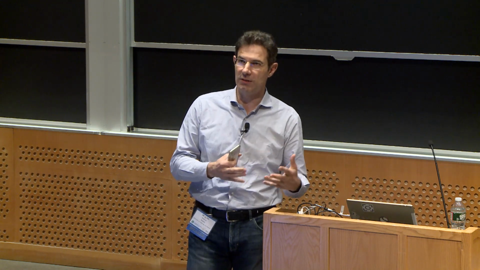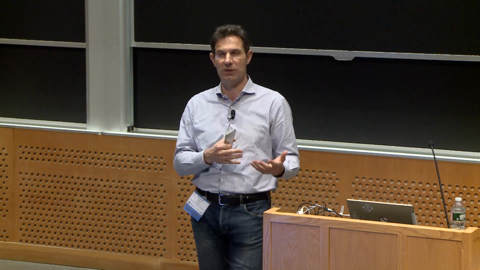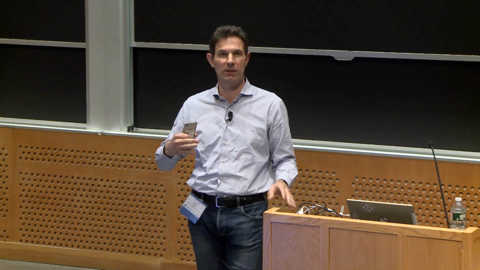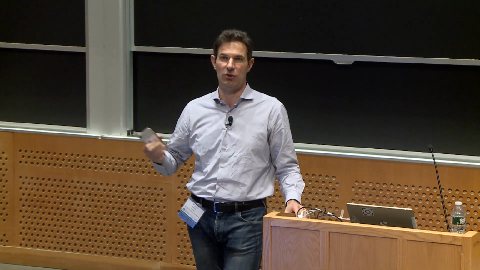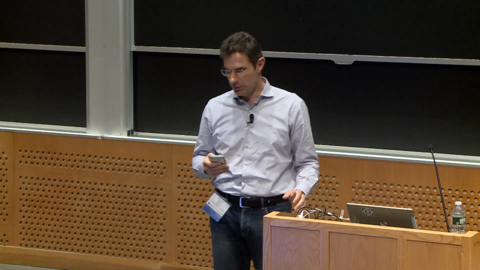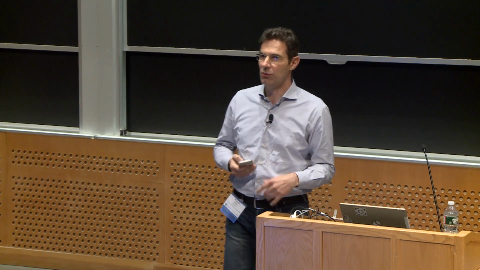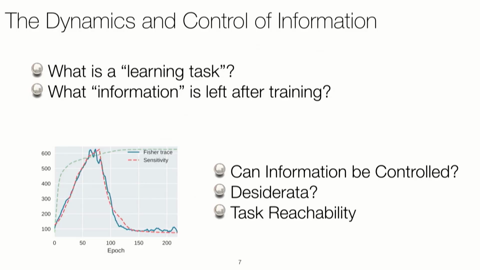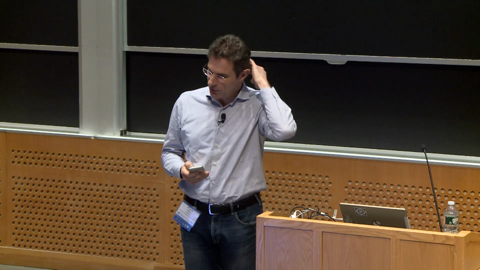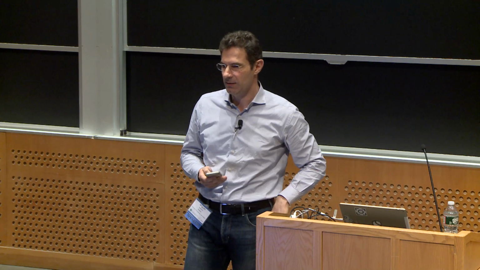You care to learn a representation that is sufficient, as informative as the data, and invariant to nuisance variability affecting future data which you haven't yet seen. So how do we formalize that? And how do we formalize it in a way that allows us to predict whether we'll be able to solve a learning task without actually doing what we do today, which is to try it and see? Okay? So I'll organize the rest of my talk in 15 minutes in 3 parts.